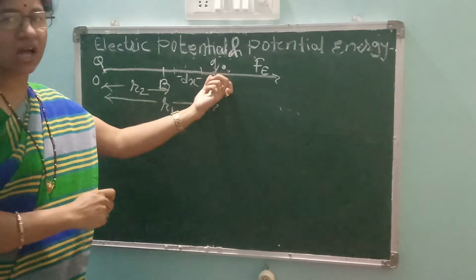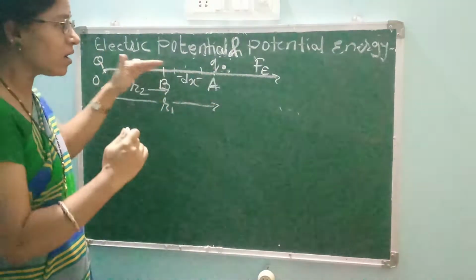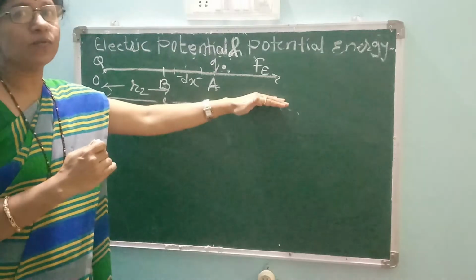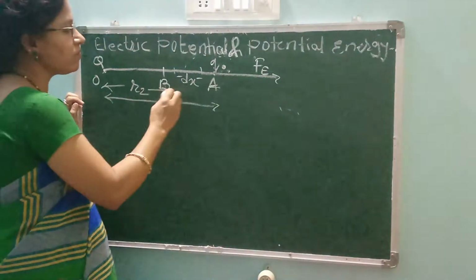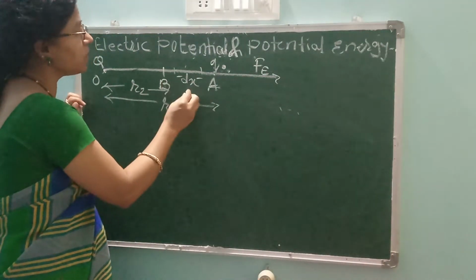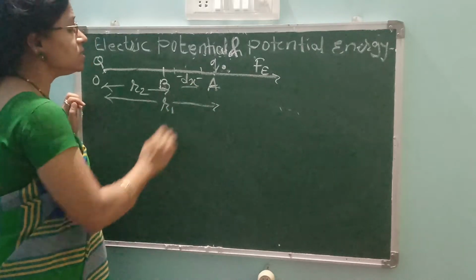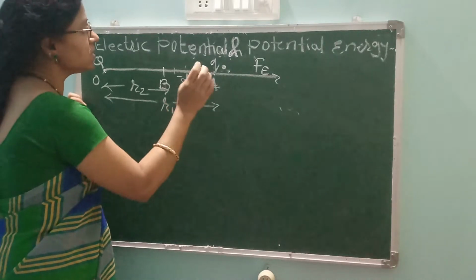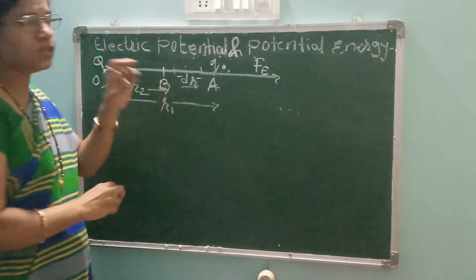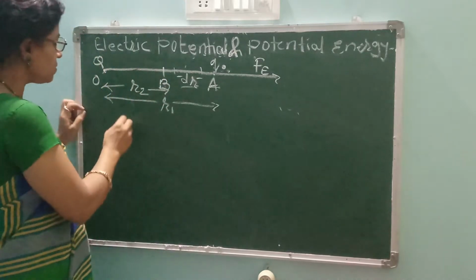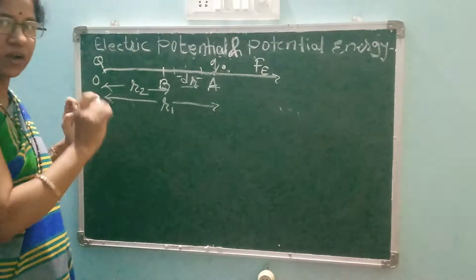This charge has to do the work against the electrostatic force, इसको यहाँ से यहाँ तक displace करना है. That we are taking as a small distance, that is dr.